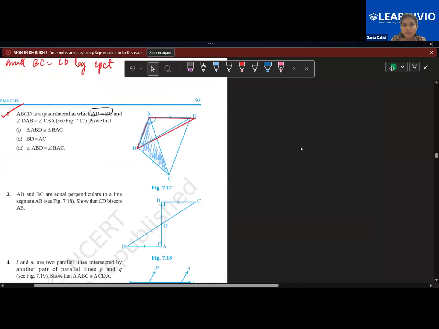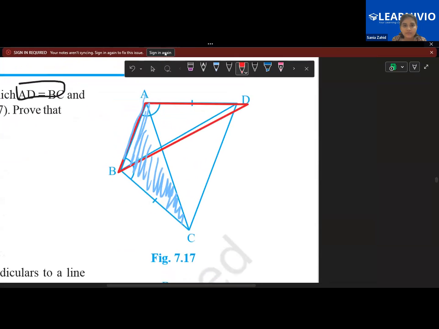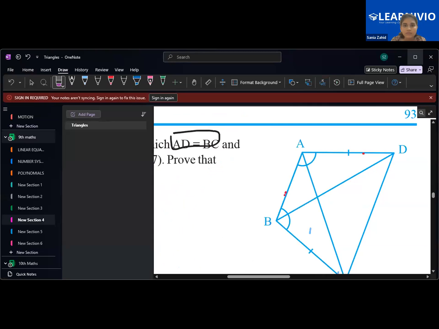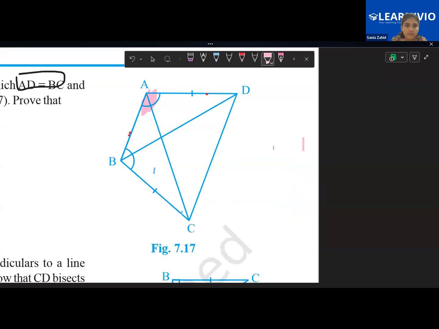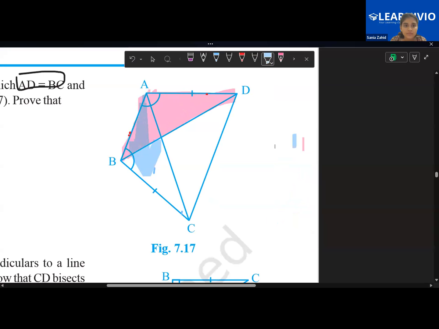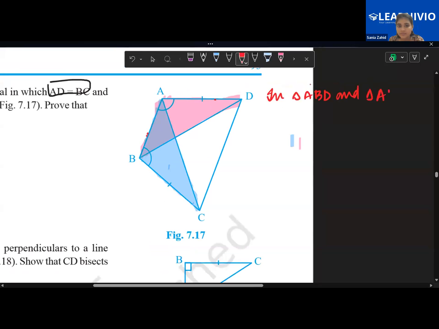One second. Let's write it down. Children, look very carefully. I have this triangle, and then this triangle. Now, children, first of all, you write in triangle ABD and triangle BAC.